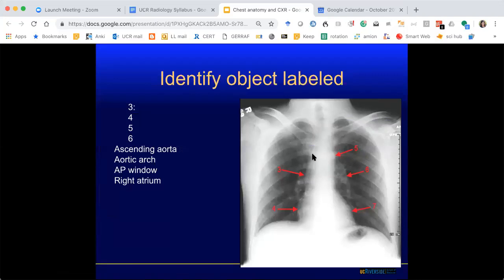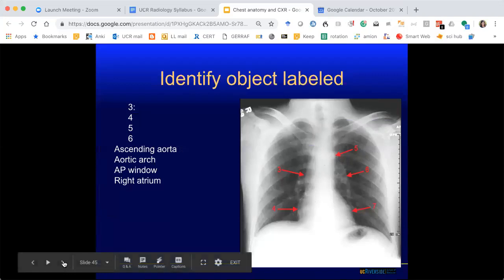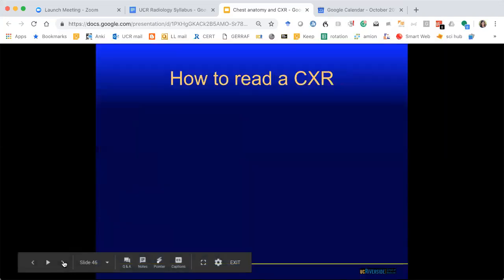You can have a mirror arch. Patients with congenital abnormalities, typically like tetralogy of Fallot, other congenital abnormalities where the right side never crosses, and so you have a right-sided arch. And that can clue you into underlying associated abnormalities.